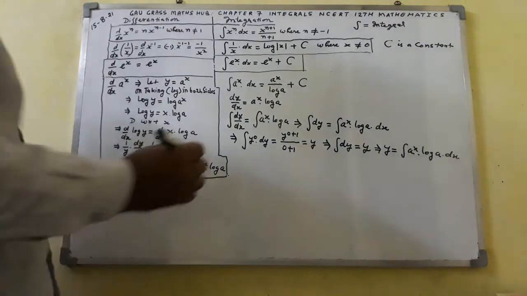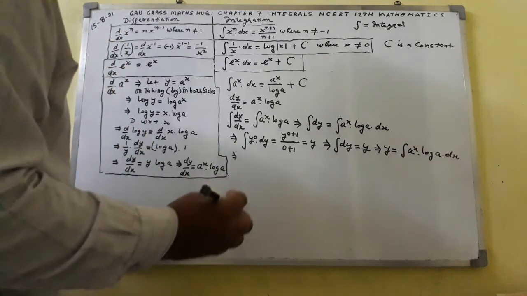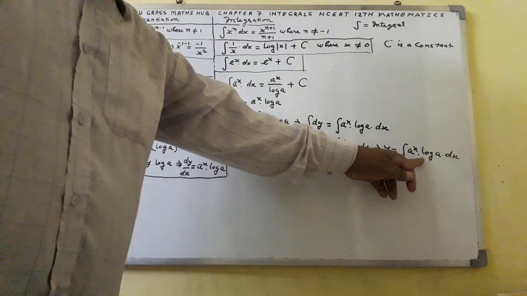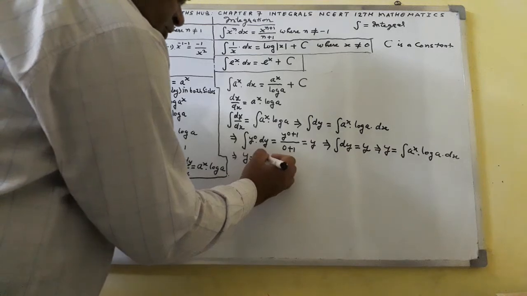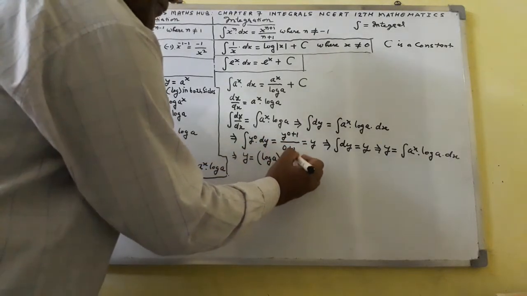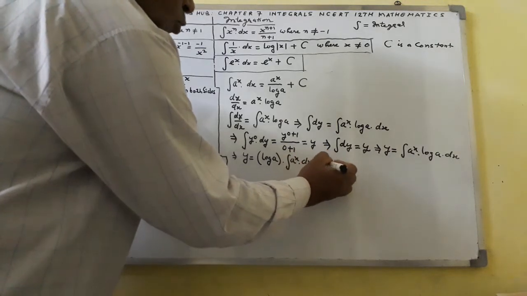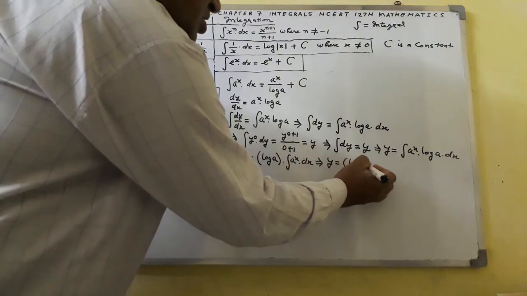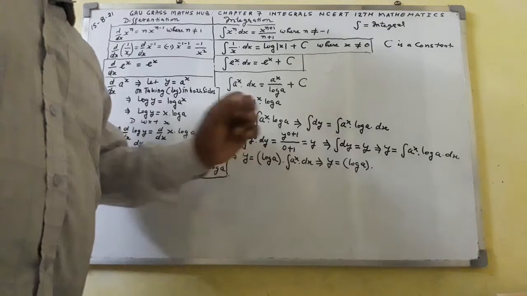Proceeding further, you will get y equals, and here you can see log a is a constant, so log a will be popped out of the integral. So y equals log a times the integral of a raised to the power x dot dx.